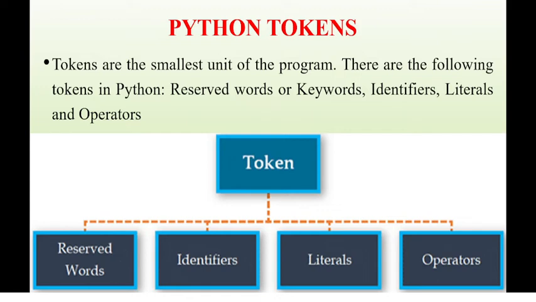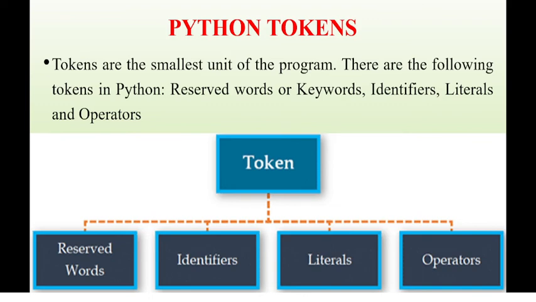Another Python token is delimiters. Python uses different types of symbols and symbol combinations as delimiters in expressions, lists, dictionaries, various aspects of statements and strings. The symbols are square brackets, parentheses, curly brackets, at the rate, minus equal, plus equal, star equal, etc. So these are the delimiters and punctuators.